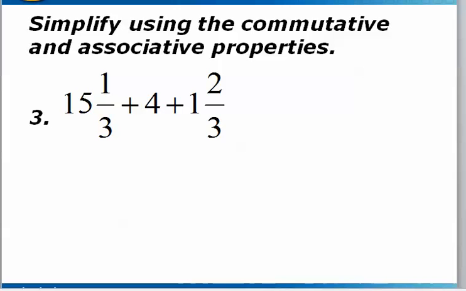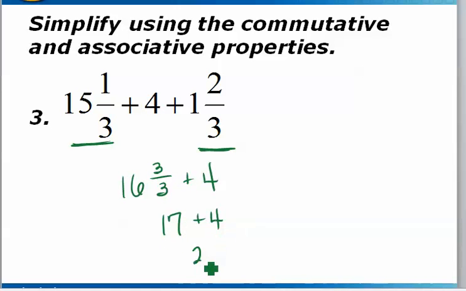The next problem, I'm going to go ahead and put these fractions together, because 1/3 and 2/3 gives me a whole. So 15 plus 1 is 16, and then I have 3 over 3, and then I have plus 4. This is like having an extra 1, so I really have 17 plus 4, which is 21.